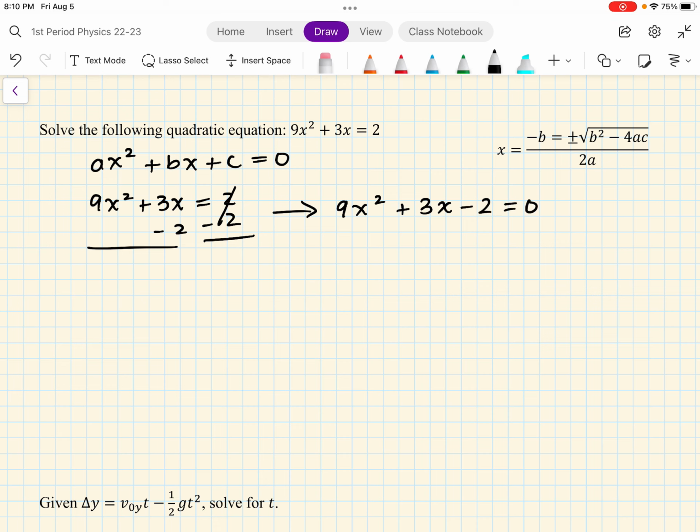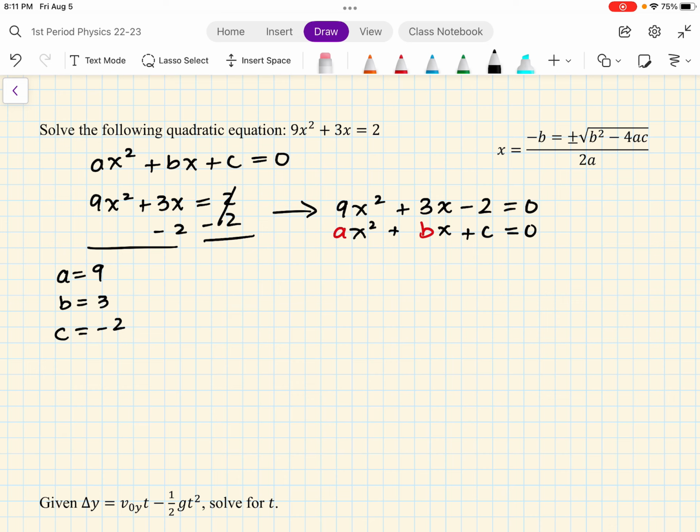Now I have the equation in standard form, so I have my a, b, and then c. It's ax squared plus bx plus c. In this case, it's important that we notice c will keep the negative sign. I know I wrote plus c; that's just the way it goes in standard notation. However, we have to keep the sign. So therefore, our a is 9, our b is 3, and c is equal to negative 2.